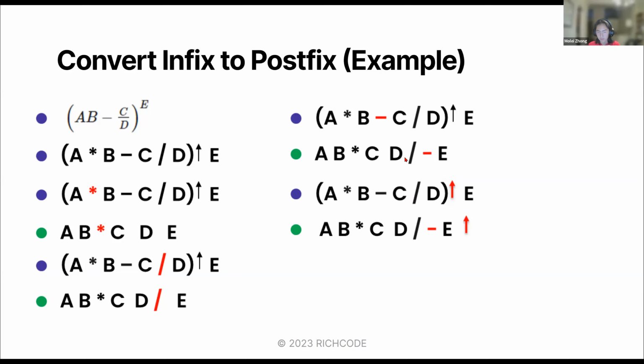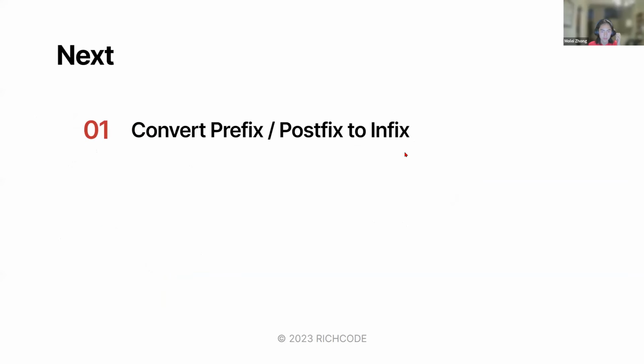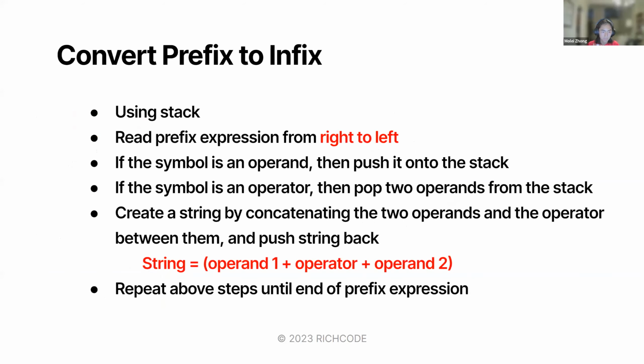Thank you. Okay, next, converting back into infix after you get it in prefix and postfix notation. To do this, we need to use a stack. And starting with prefix, you read the prefix expression from right to left, so in reverse order.